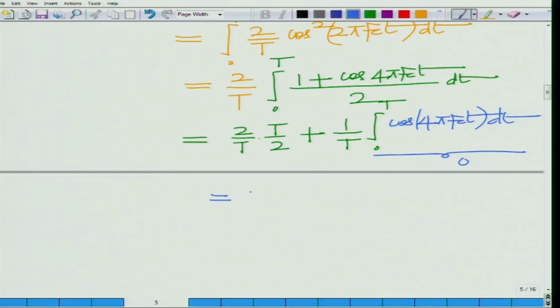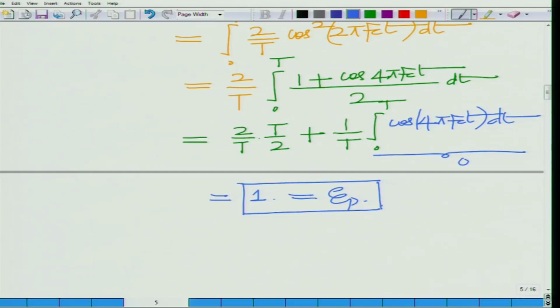Therefore, what is left is 2 over T times T over 2 equals 1, which is equal to E_p. So what we have just shown, although it is fairly obvious, is that the pulse square root of 2 over T cosine 2 pi f_c t has unit energy. So, the pulse energy has been normalized to unity.